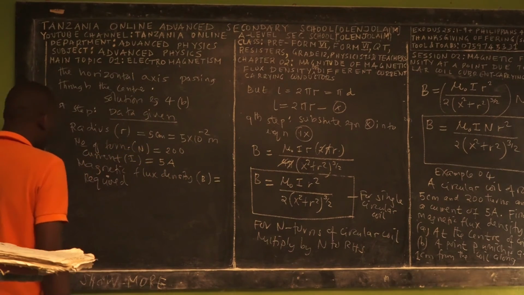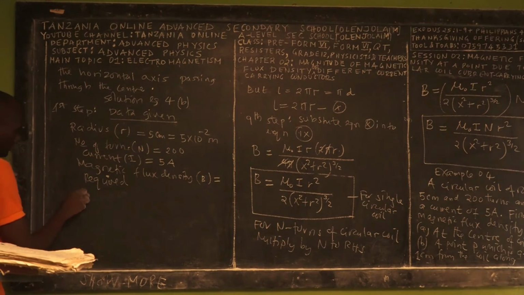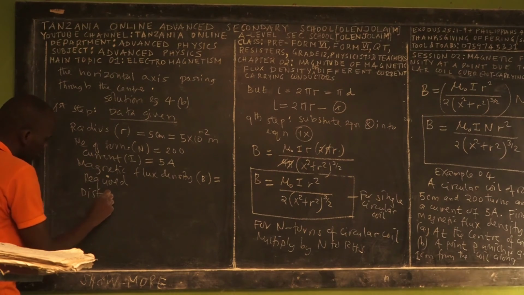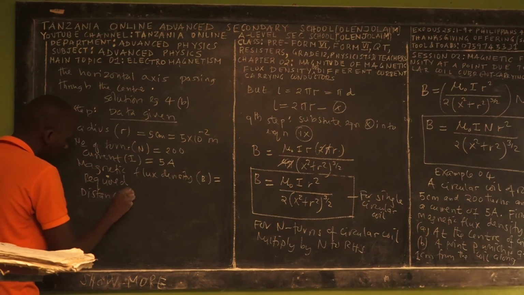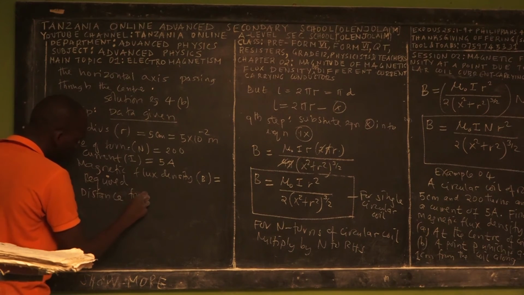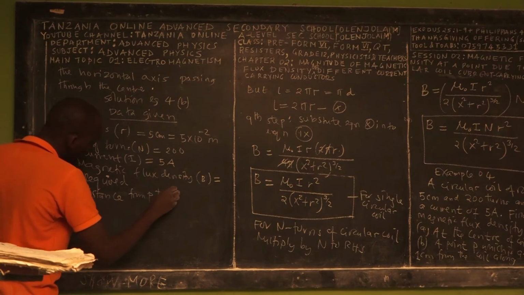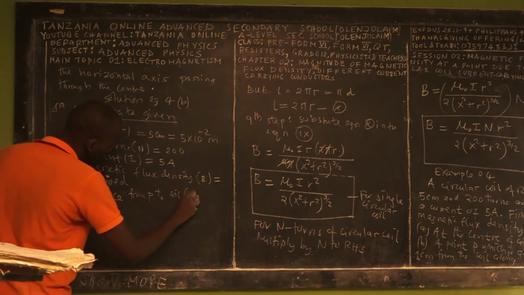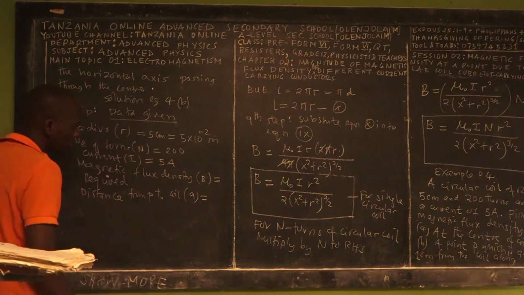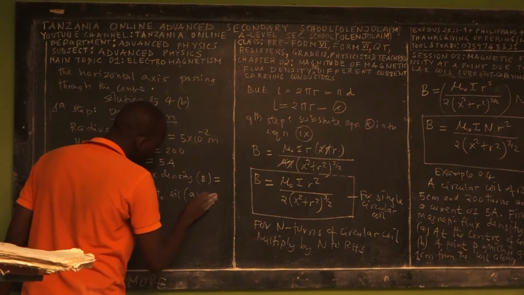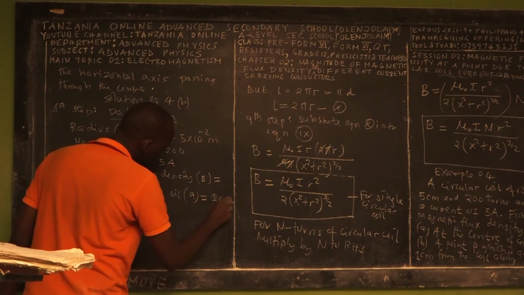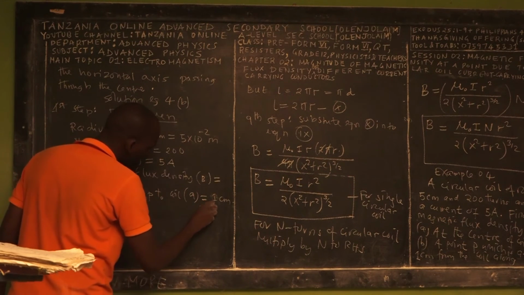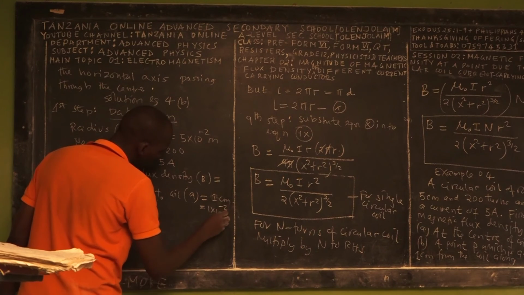So say that the distance from P to the coil, which you call x, is equal to 1 centimeter, and this is 1 times 10 to the negative 2 meter.